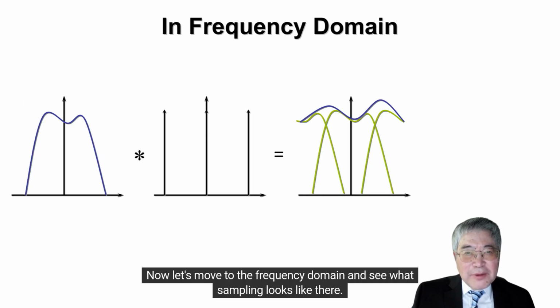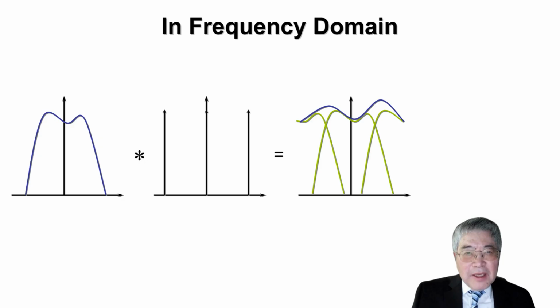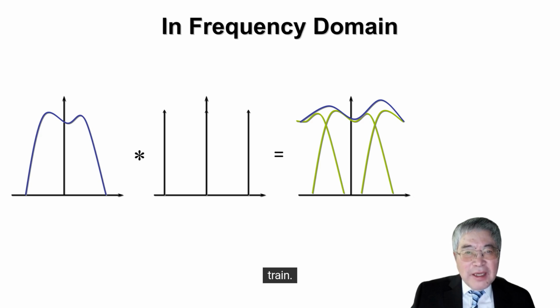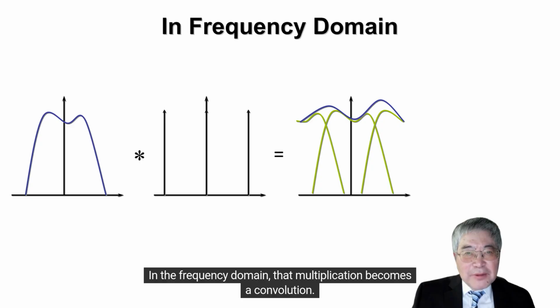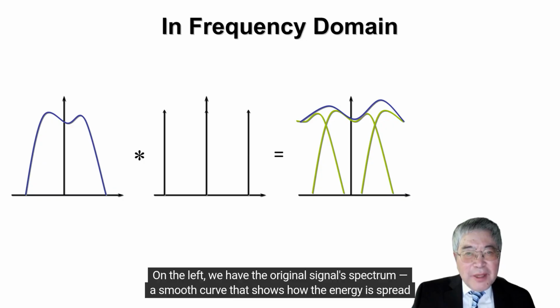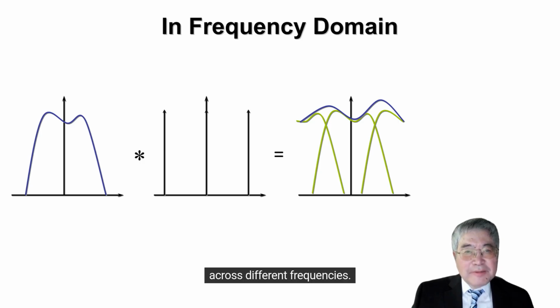Now let's move to the frequency domain and see what sampling looks like there. Earlier we saw that sampling in the spatial or time domain means multiplying the signal by an impulse train. In the frequency domain, that multiplication becomes a convolution. Here's what happens. On the left, we have the original signal spectrum, a smooth curve that shows how the energy is spread across different frequencies.